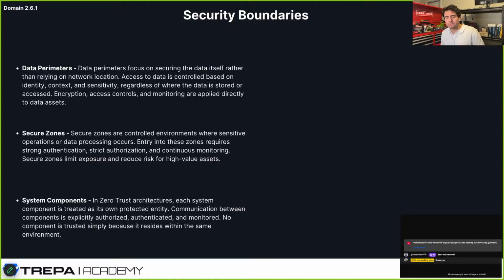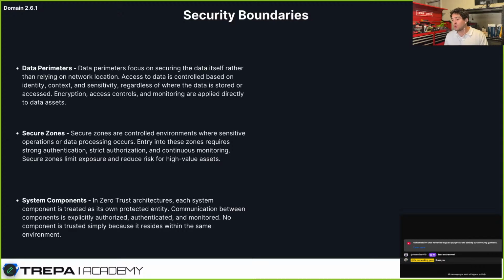So data perimeters. Data perimeters focus on securing the data itself rather than relying on network location. Essentially saying we don't care where it's located, we're gonna do full disk encryption. We're gonna implement the same IAM policy. Secure zones. Secure zones are controlled environments where sensitive operations or data processing occurs. Entry into these zones requires strong authentication, strict authorization, and continuous monitoring.